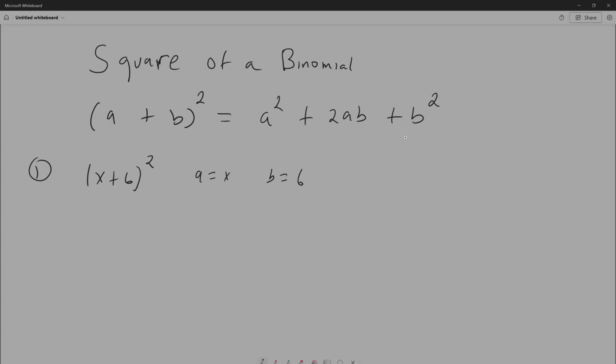Okay, so x plus 6 squared is going to be equal to a squared, which is x squared, then plus 2 times a, which is x, times 6, so that will be 12x plus, and what is b? 6 squared, which is equal to 36. So it's a good idea to first write what is a and what is b.